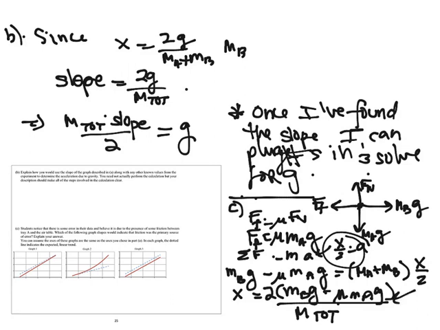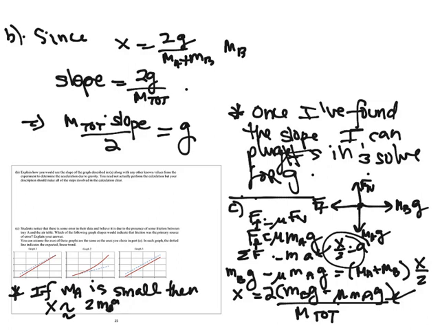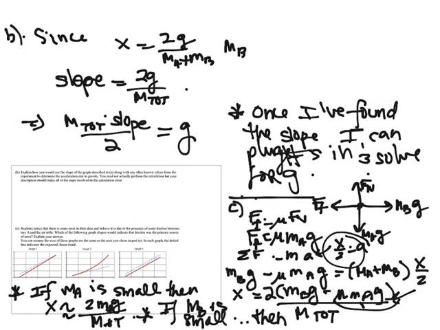And the answer is, if MA is small, then x is about equal to 2mb g over m total, because we can basically cross out this part. But if mb is small, then we're really far off.